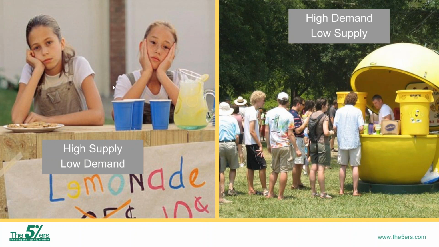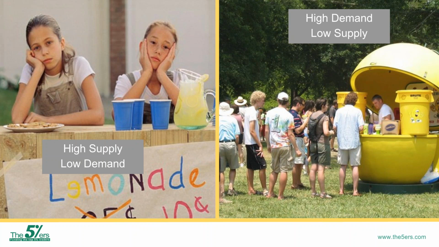If these two girls don't have any line standing in front of them, and they don't want to lose the effort they made creating this lemonade, they will probably change their price to be lower until they find somebody who is willing to buy their lemonade.